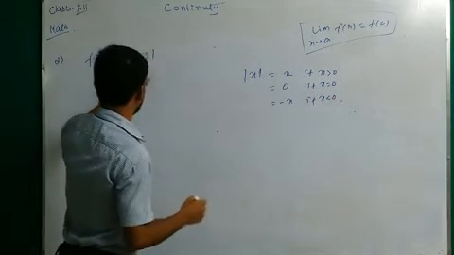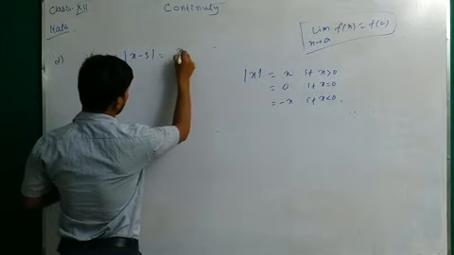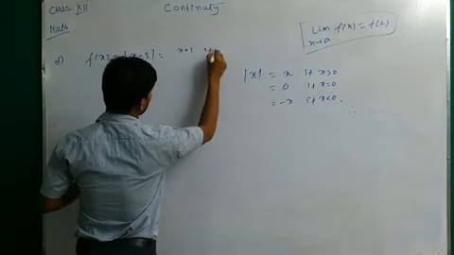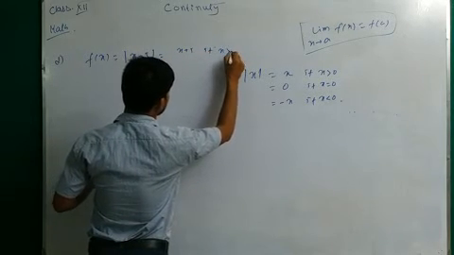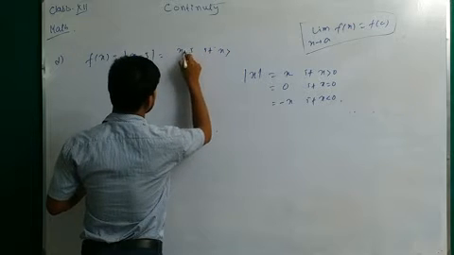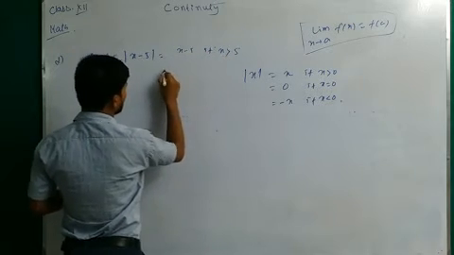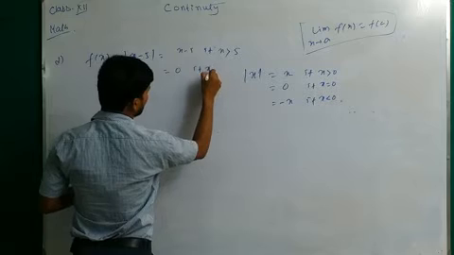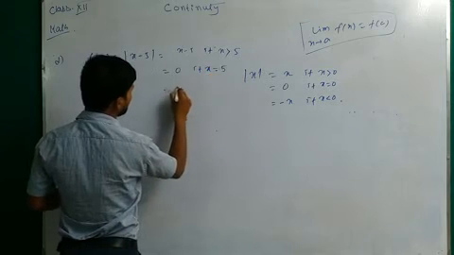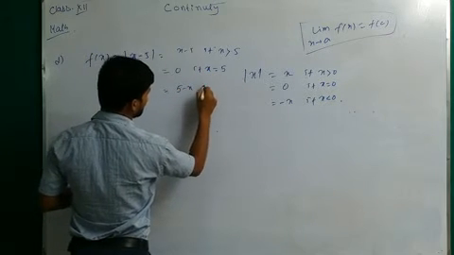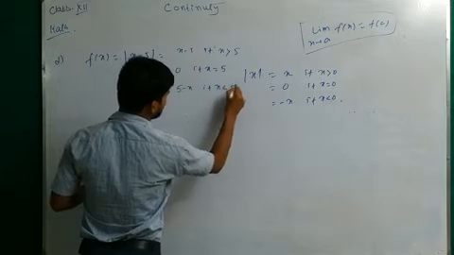So f of x, mod of x minus 5, will be x minus 5 if x is greater than 5, it will be 0 if x is equal to 5, and it is 5 minus x if x is less than 5.